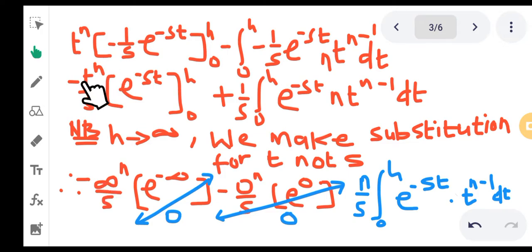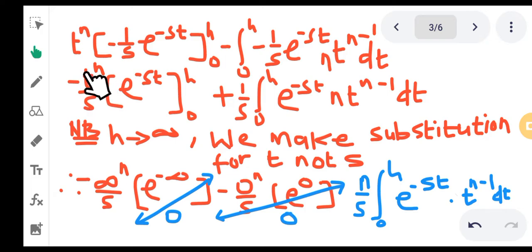So I'm going to get minus infinity exponent n over s, multiplying e exponent minus infinity, because the t here is the h. That's where we are making the substitution. Then we know it is the upper limit minus the lower limit. So I'll plug in the lower limit, which is 0.